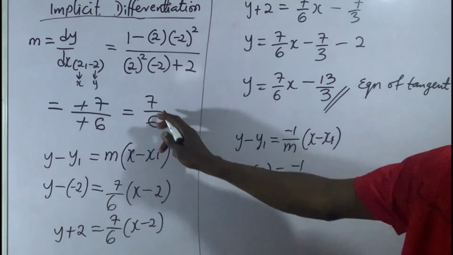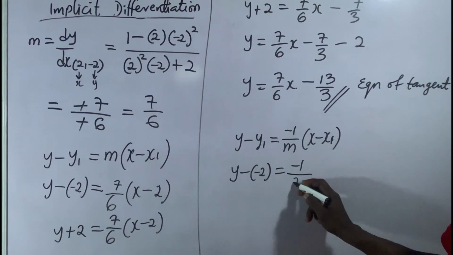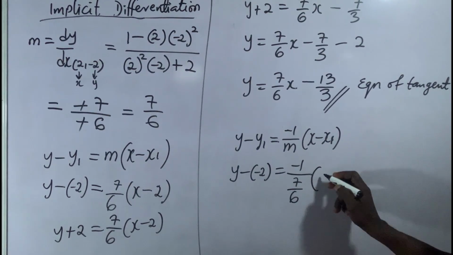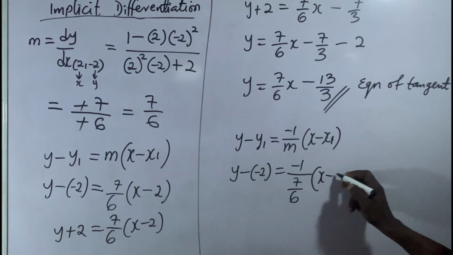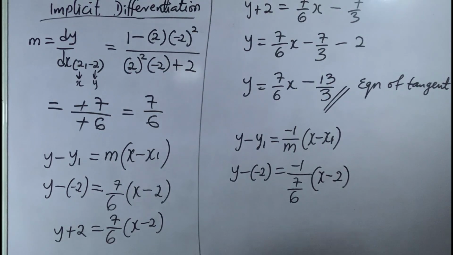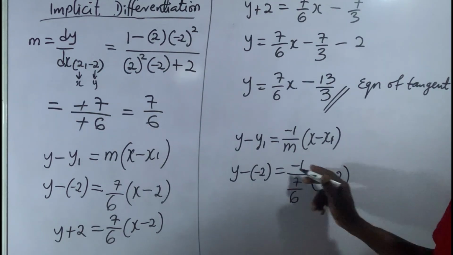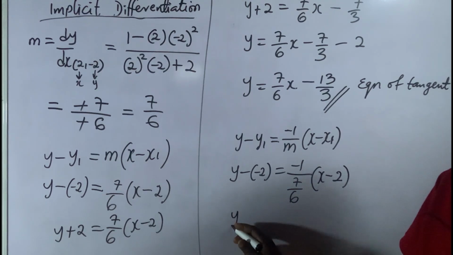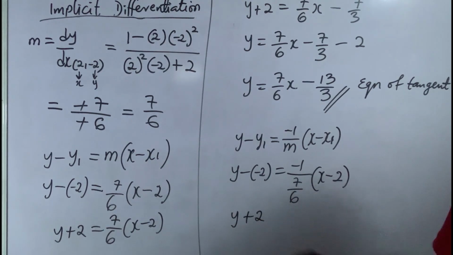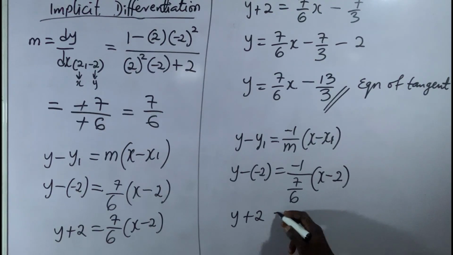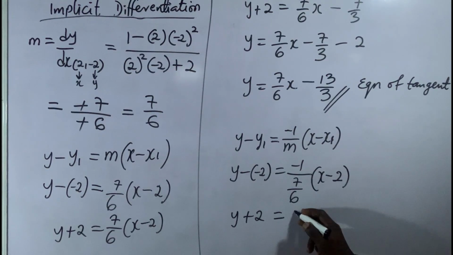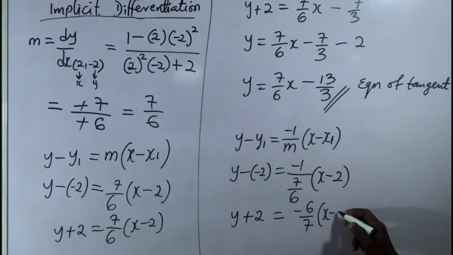We calculated m to be 7 over 6 into x minus x1, which is 2. So if you solve this, this is y plus 2 equals the negative inverse, which will give me minus 6 over 7 of x minus 2.